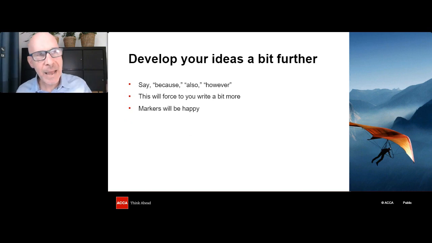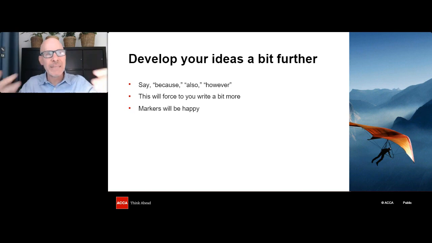Guys, get in the habit of developing your ideas a little bit further. Use linking words. We can say because, we can say also, we can say however. Look at the issue from another point of view. Just take your ideas a little bit further.